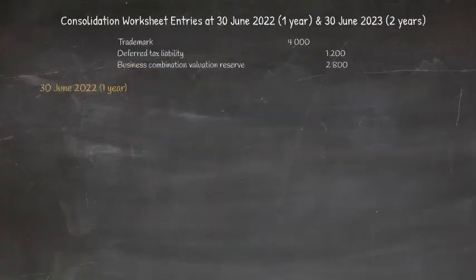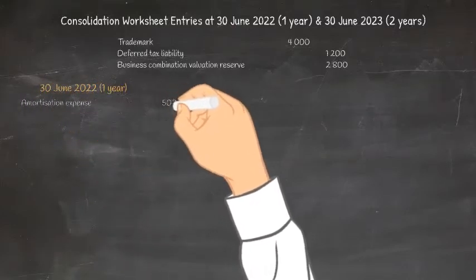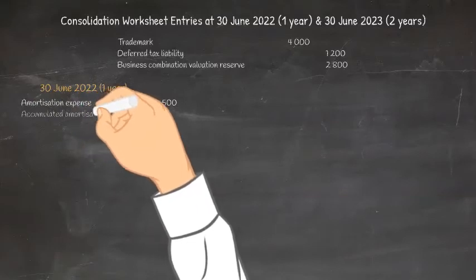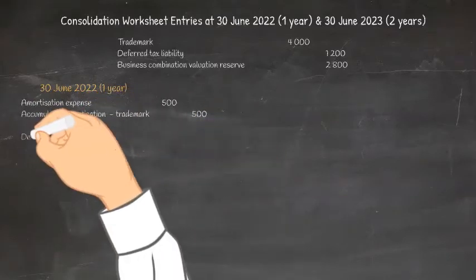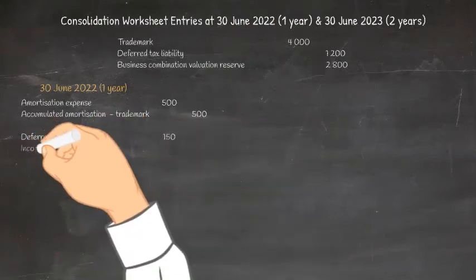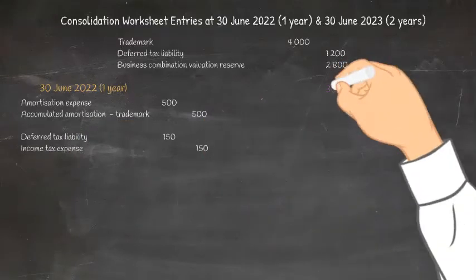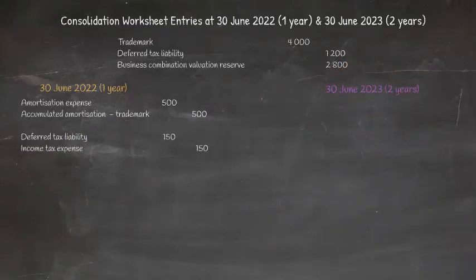A year after acquisition, which was 2022, the trademark has now been amortized by $500, as trademark has a useful life of 8 years. So 4,000 divided by 8 years gives us the 500 amortization per year. We must also consider the tax effect for 500, which is 30%.